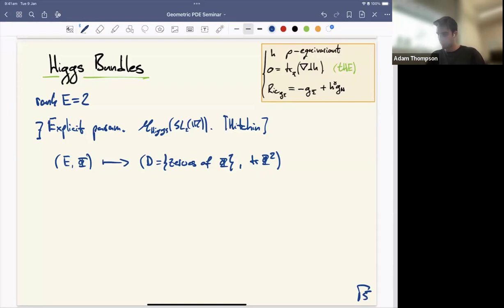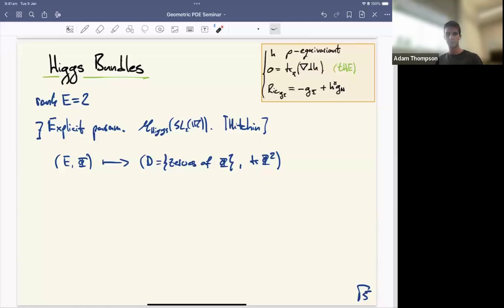Essentially, Hitchin's parameterization says that I take this rank 2 Higgs bundle, then I look at the zeros of phi, the Higgs field, where it vanishes. Since phi is a holomorphic object, there are only finitely many, and in fact there's an upper bound on the number that can occur. Then you also look at this trace phi squared appearing again. That gives a parameterization of the moduli space.